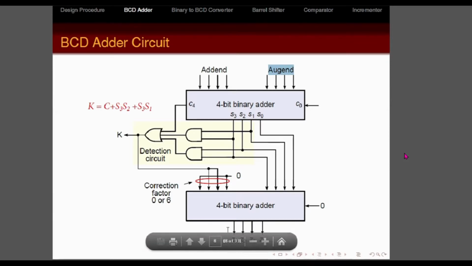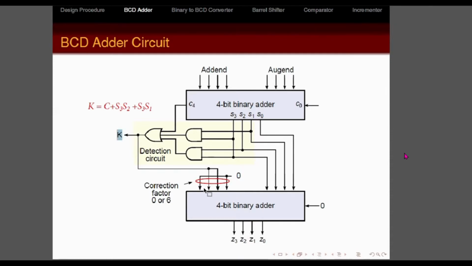The final output is the Z. So K is C, or S3 S2, or S3 S1. So you have to add with 0, 1, 1, 0. As long as K is 1, you have to add this 6. Otherwise, just leave the number here as 0.